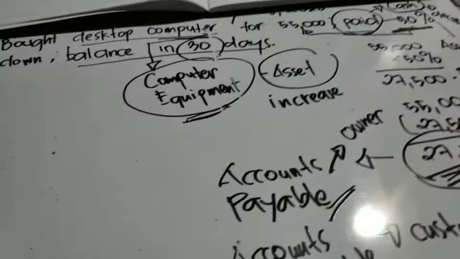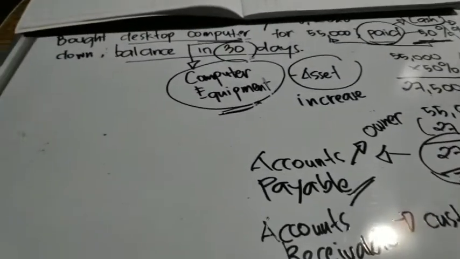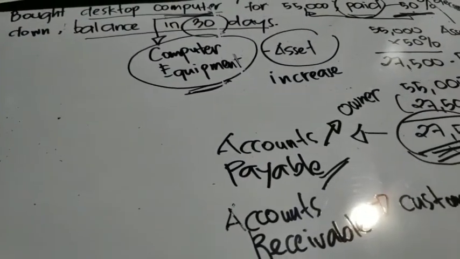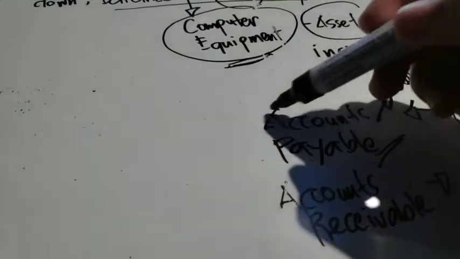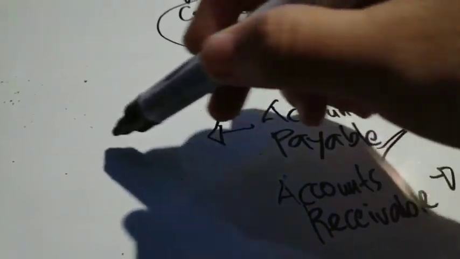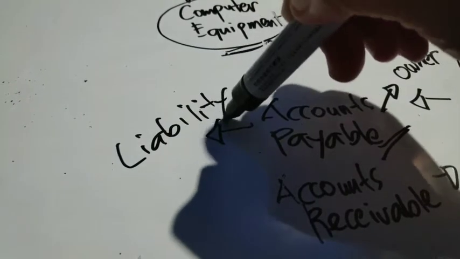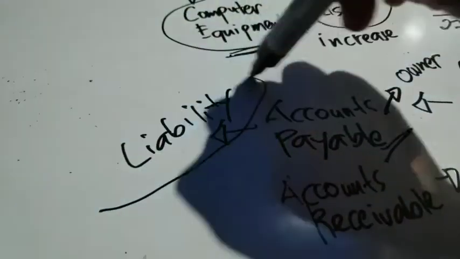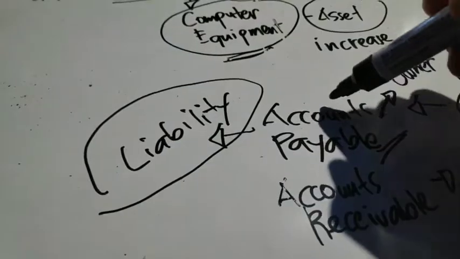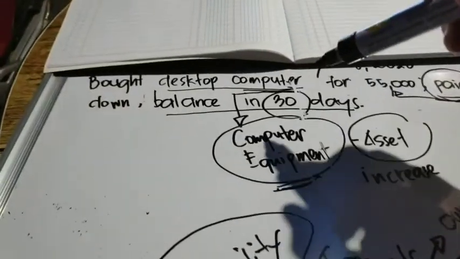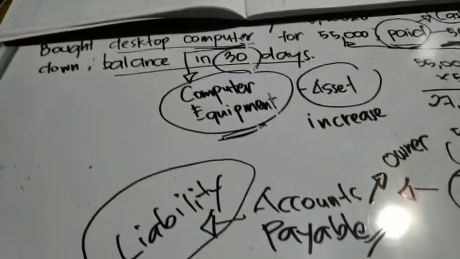Now, accounts payable. What is accounts payable? Accounts payable is a liability account. So, in this transaction, you are increasing your accounts payable.